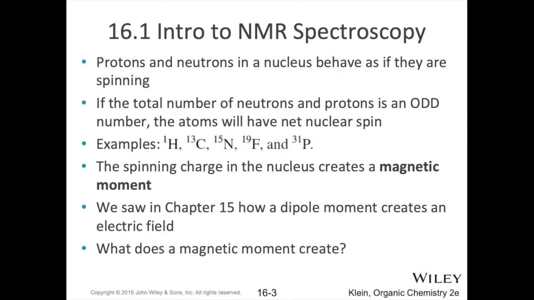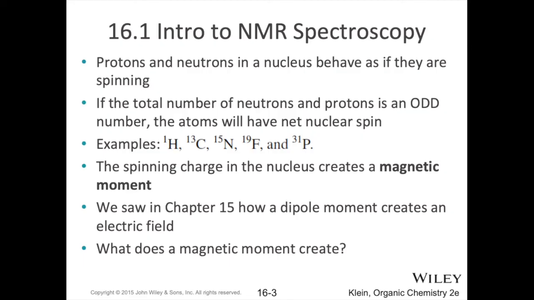Now, I mentioned earlier that we're going to primarily look at carbon and hydrogen. That's really all you need. But there are lots of nuclei that meet this requirement. Hydrogen 1, of course, and carbon 13 are examples of nuclei that have odd numbers of nucleons. But you can use NMR with things like nitrogen 15 or fluorine 19 or phosphorus 31.